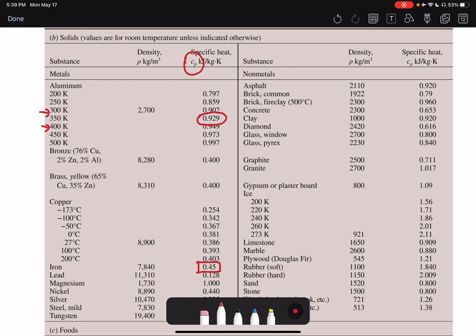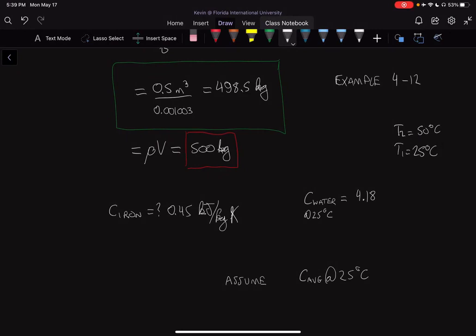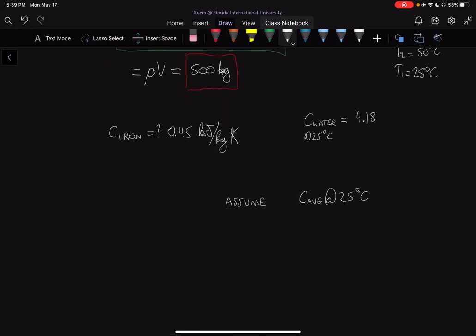So let's continue the problem. We've assumed that the C average was 25 degrees, and we're going to check later if that's okay or not. For C iron, we only have one value, so that's fine. Just to clarify, U2 minus U1 is equal to C times T2 minus T1, where C is actually C average, and this means the average temperature between T2 and T1.